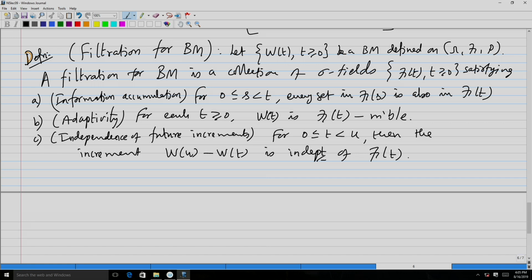The information in the sigma field F of t should give no clue about any future value of the process W, which is the Brownian motion. So this increment should be independent of Ft.